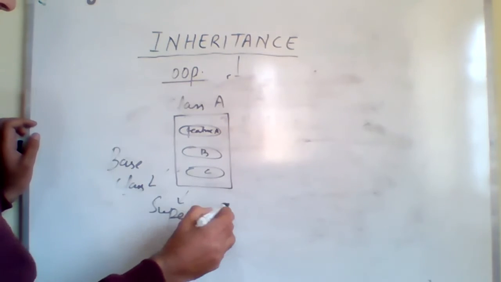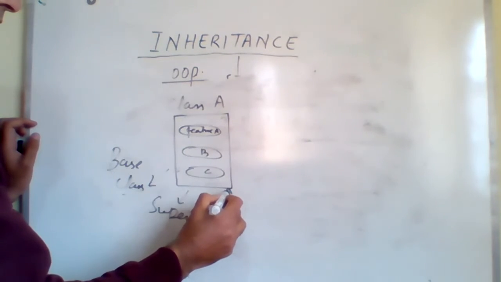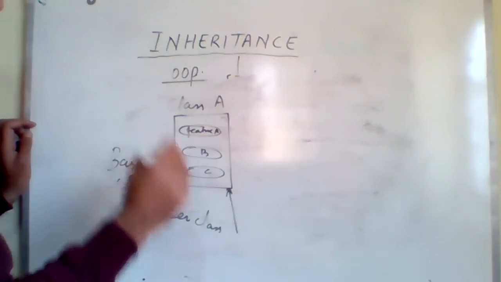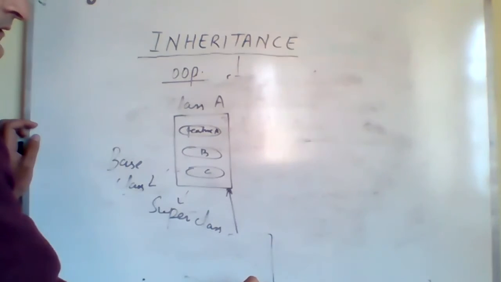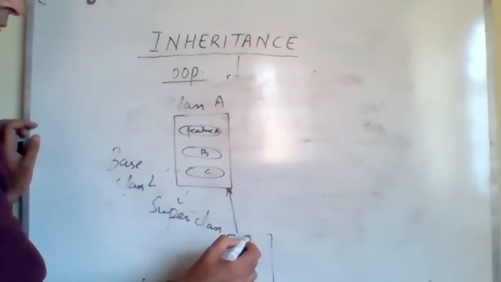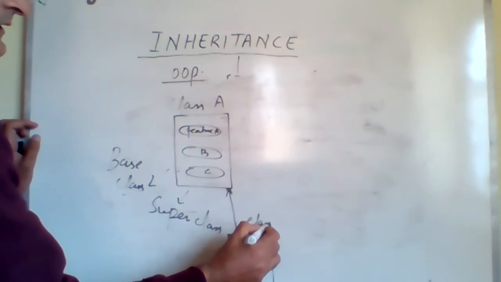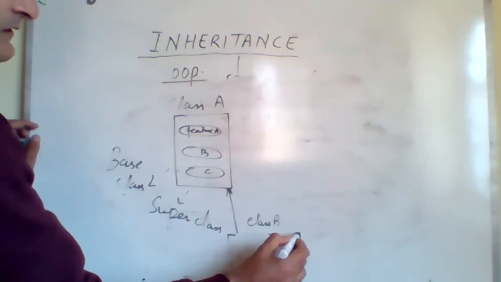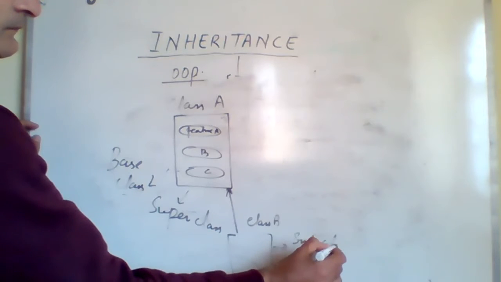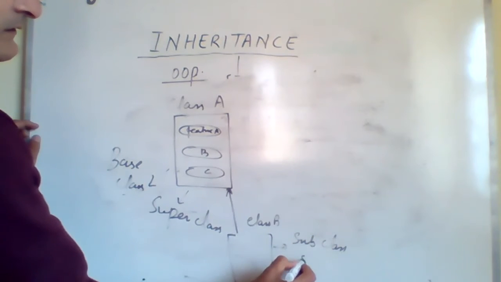If we are making another class from the existing class A, we can call it class B, and now this is the subclass, and this is the derived class also.